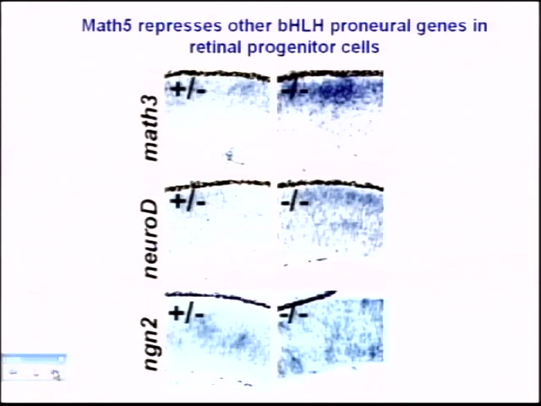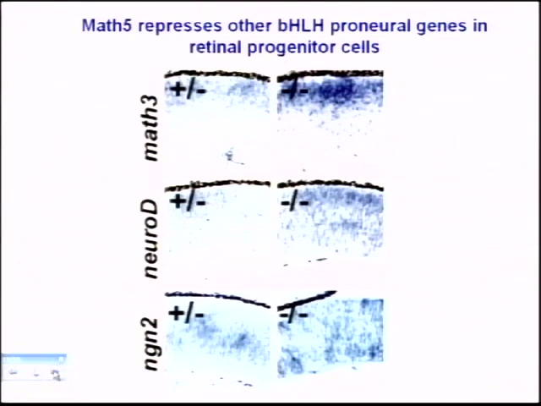MATH5 also is involved in controlling genes in the progenitor cells, not just in the differentiating ganglion cells. And so MATH5 has another job. Besides specifying the ganglion cells, it also represses proneural genes in the progenitor cells where it's expressed.